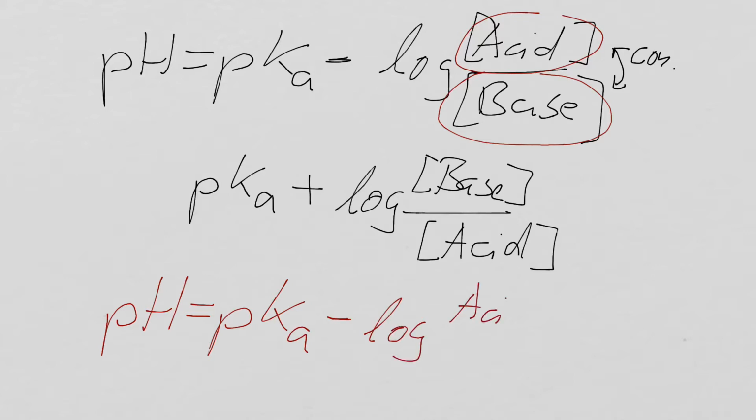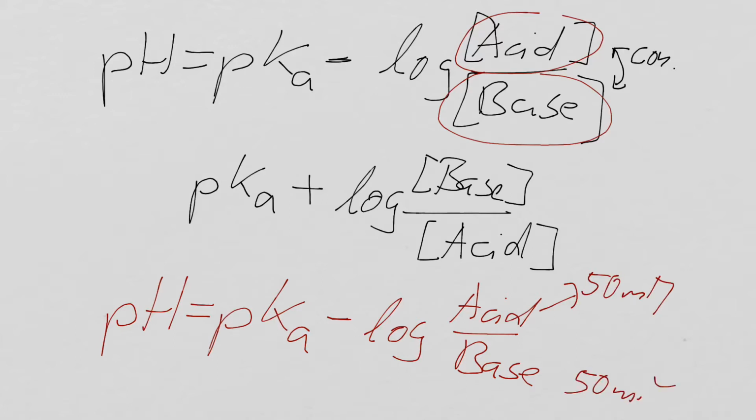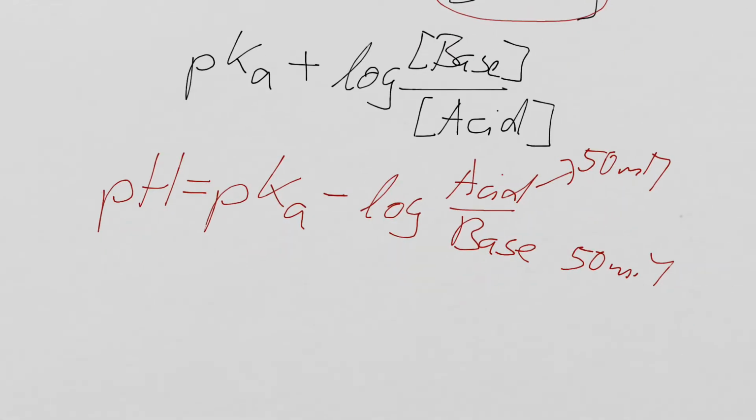Let's say acid is 50 millimolar and the base is 50 millimolar. What do we get for the pH? And the pKa, let's say, is 7. What do we get for the pH? 7. Why?